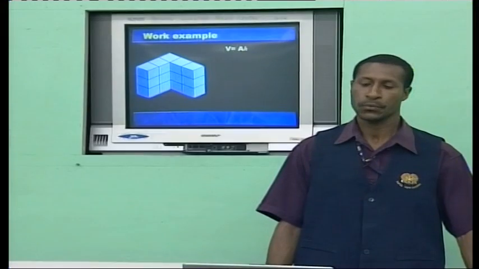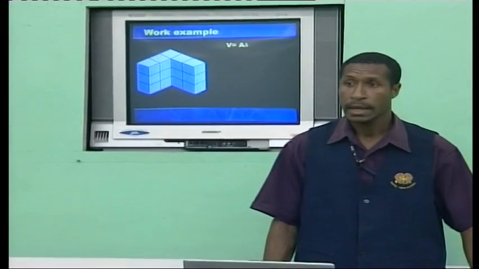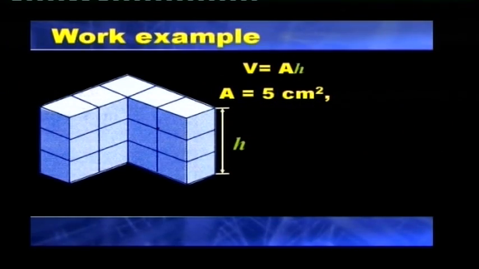Now receiving students in 7Os, I have a worked example which is shown on the screen. Now using the formula, area of the base times height, if the area of the base of that particular prism is 5 square centimeter, what do you think is the height and the volume of the prism?